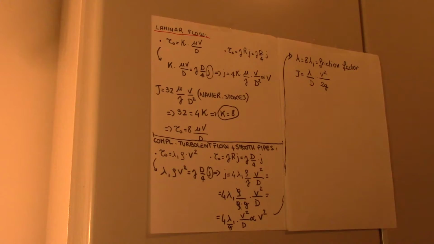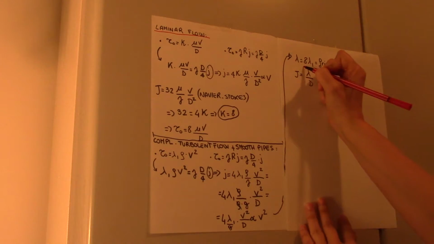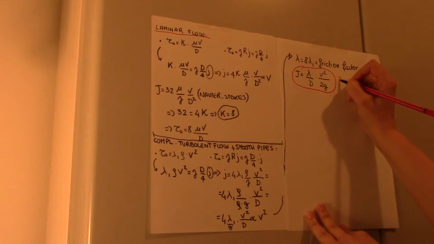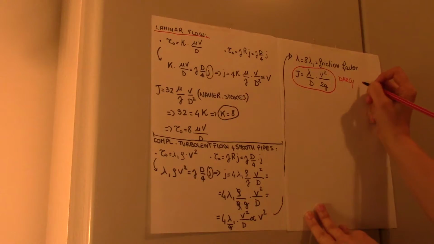So basically we will see that when you don't know anything about the nature of your flow, so you don't know if the flow is laminar, transitional or turbulent, you can, to compute the hydraulic gradient and consequently the distributed losses, use this, which is called again Darcy-Weisbach.